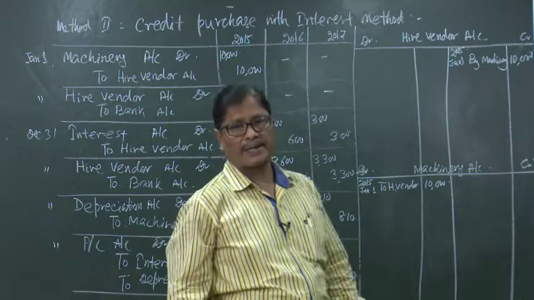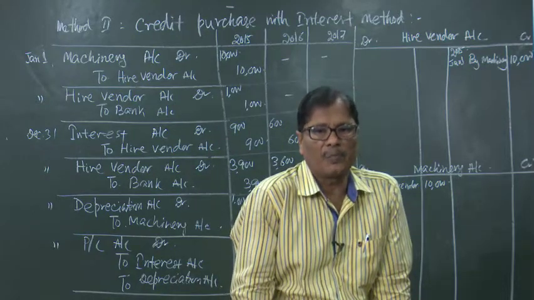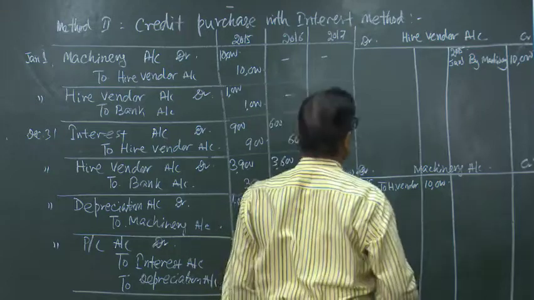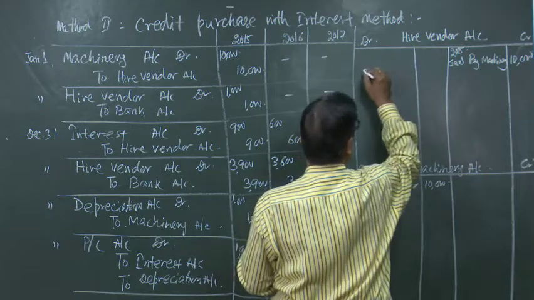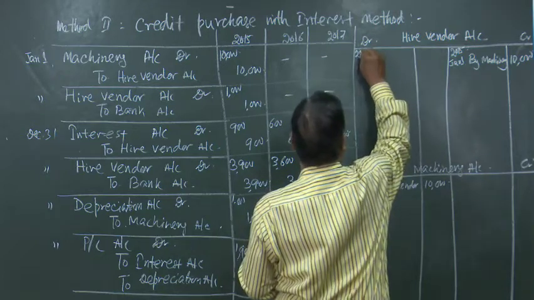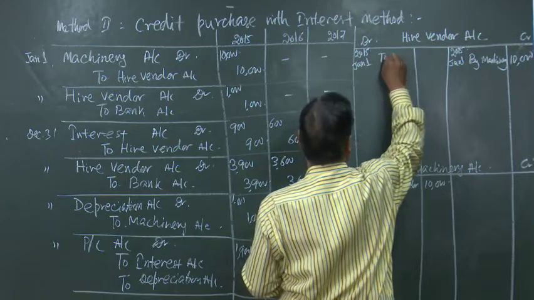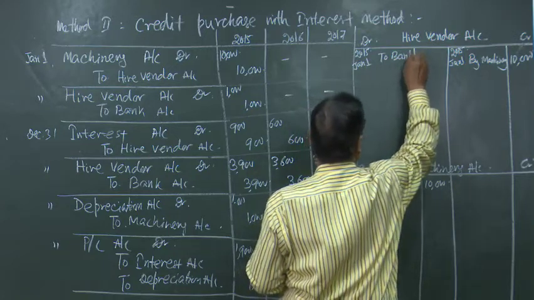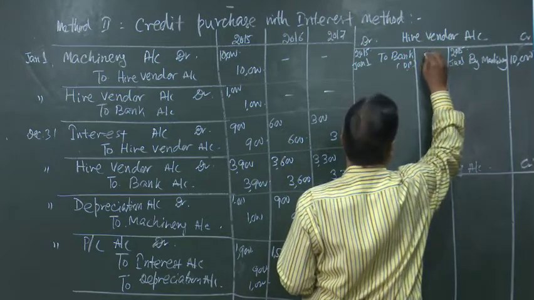Coming to the second entry, that is on the same date again, hire vendor account debited to bank account. So, hire vendor account debited to bank account, 2015 January 1st to bank. This is the down payment, that is 1,000.